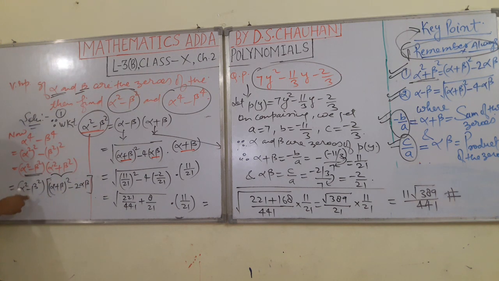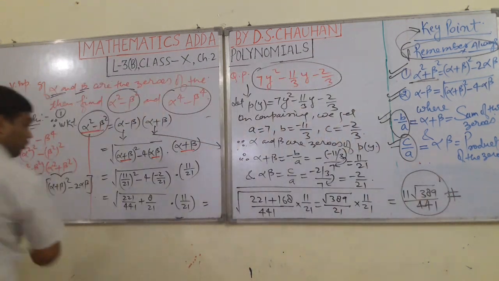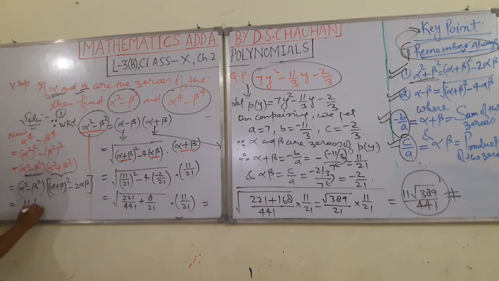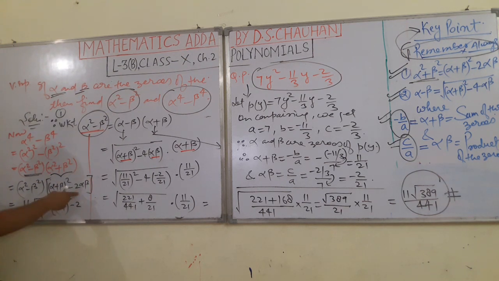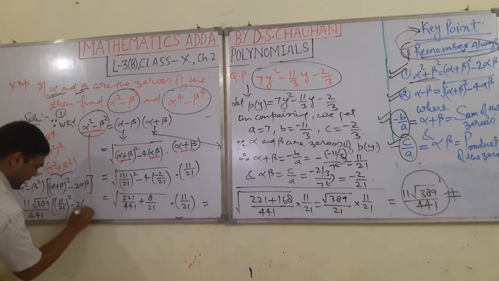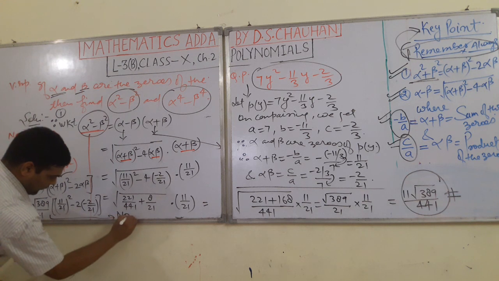Alpha square minus beta square comes to this value, 11 times under root 389 upon 441. Inside the bracket, alpha plus beta is 11 upon 21, squared, and for alpha beta it is minus 2 upon 21. Now simplify and get your answer. Now do it yourself.